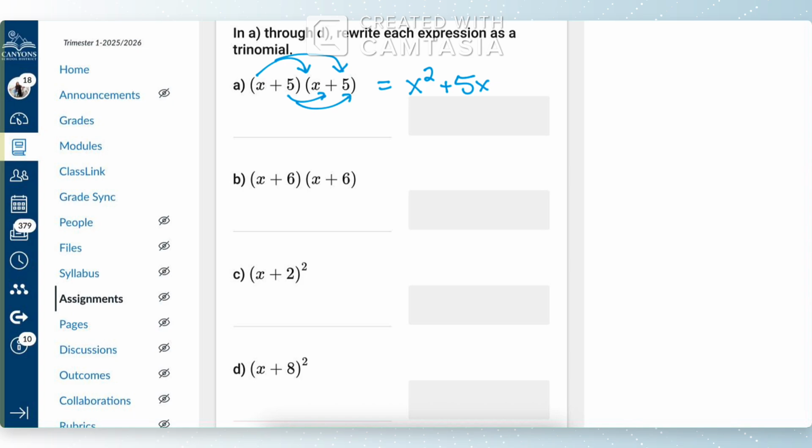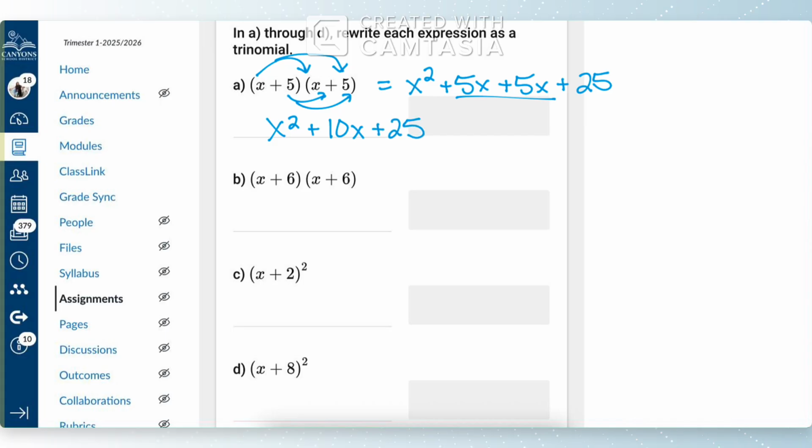Distributing the second term, that's the idea of the double distribution, 5 times x would be 5x, and 5 times 5 is 25. If I combine the 5x's, my trinomial would be x squared plus 10x plus 25.